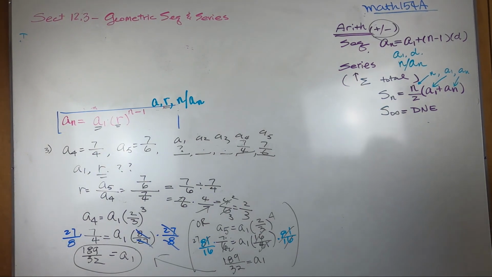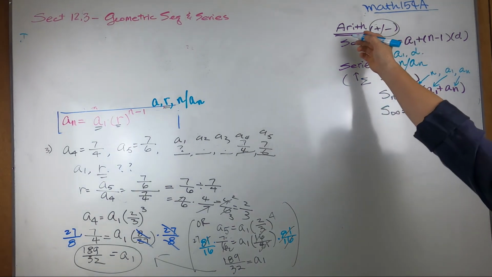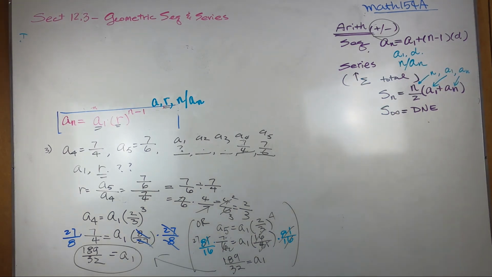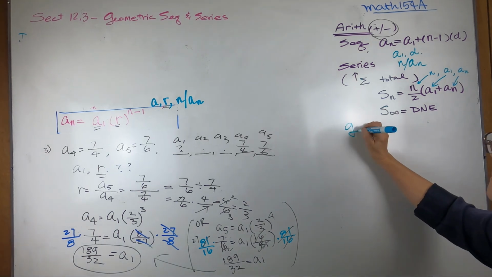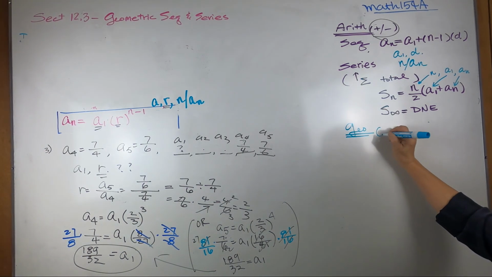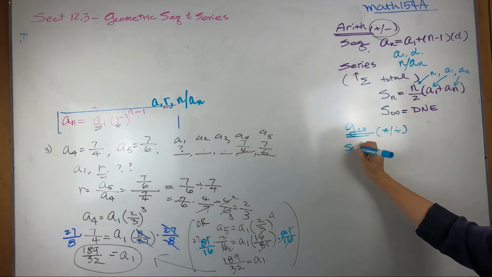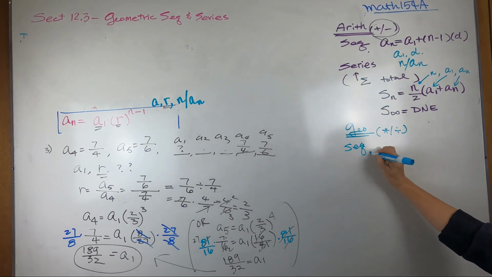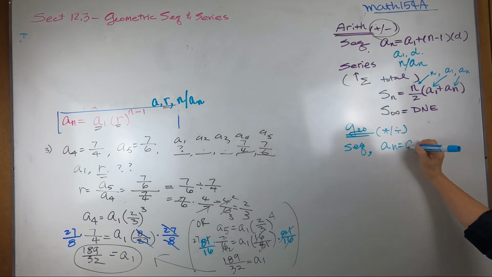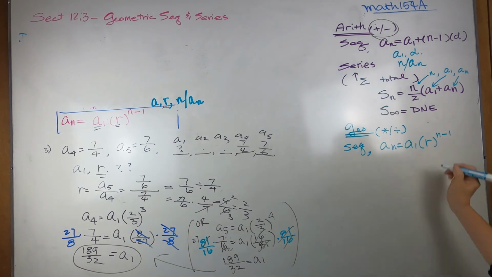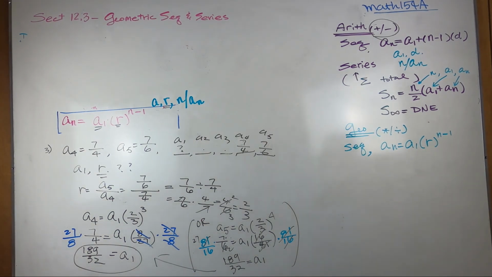So we have 2 kinds of sequences now. One is arithmetic sequence, right? Another one is geometric sequence, by multiplying and dividing by some number. So we know the sequence's formula is what? AN equals A1 times R to the n minus 1 power, right?